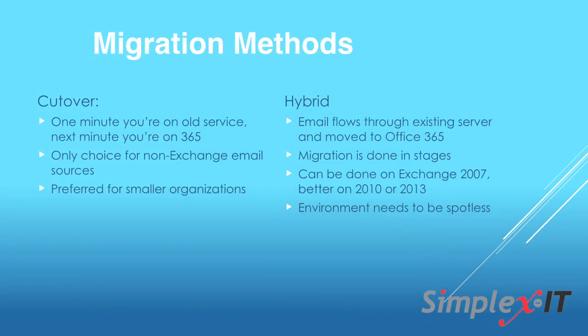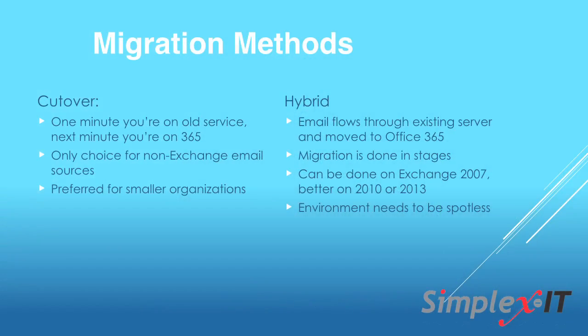So let's talk about cutover versus hybrid. Again, our email is right now in our current provider, and we're just going to call it an Exchange box, though it doesn't have to be. How do we get all that email, because that's valuable information, up in the cloud so that our users can still access their old email, their contact lists, their calendars, their task lists, all of that good fun stuff? Cutover versus hybrid.